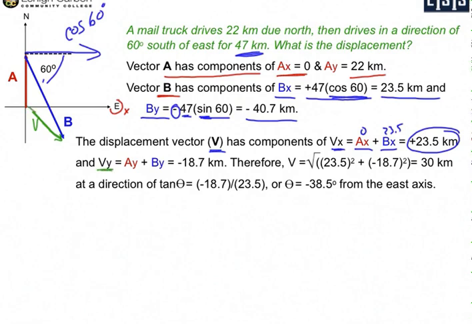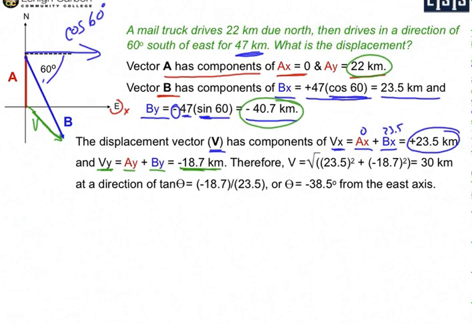Now, our y direction overall should be negative, and we'll look, AY up here is your 22 kilometers, and then your BY over here is your minus 40.7. So together you get your minus 18.7 kilometers.